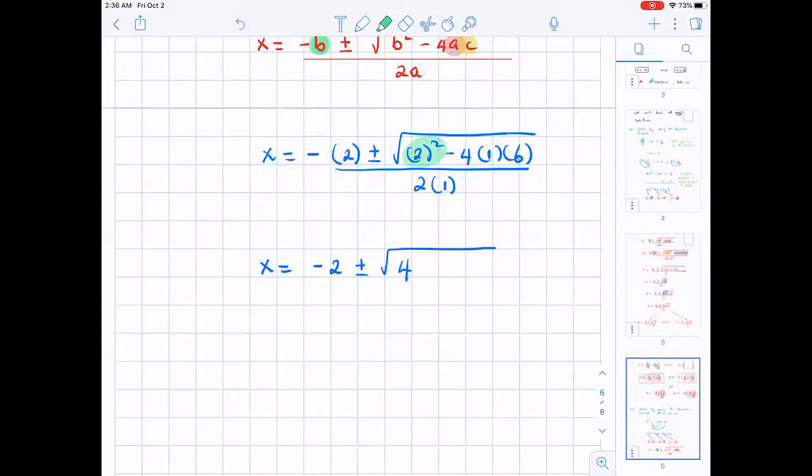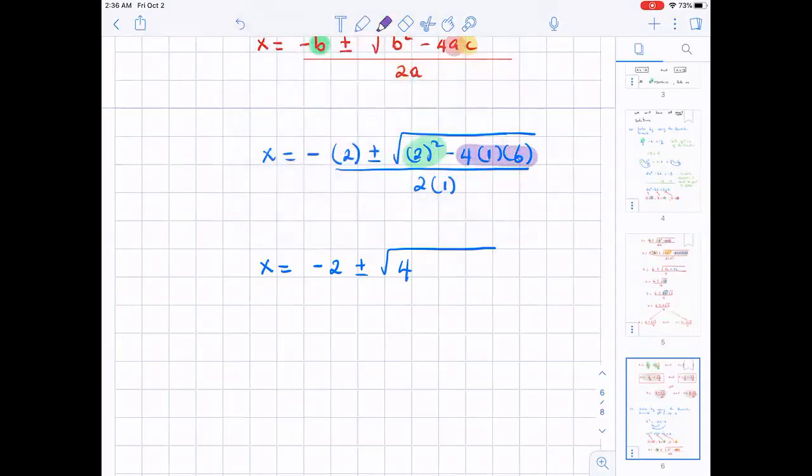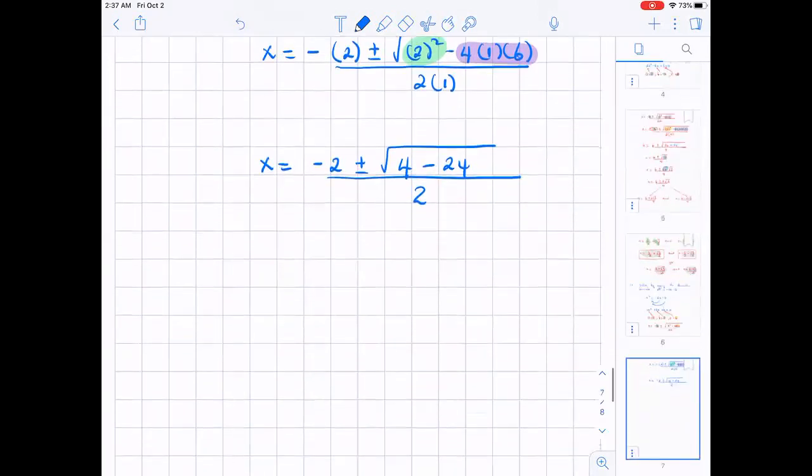And then when we multiply out all of this, minus 4 times 1 is minus 4, minus 4 times 6 becomes minus 24, everything over 2 times 1, which is 2. So simplifying under the radical, we have minus 2 plus or minus the square root of negative 20, over 2.